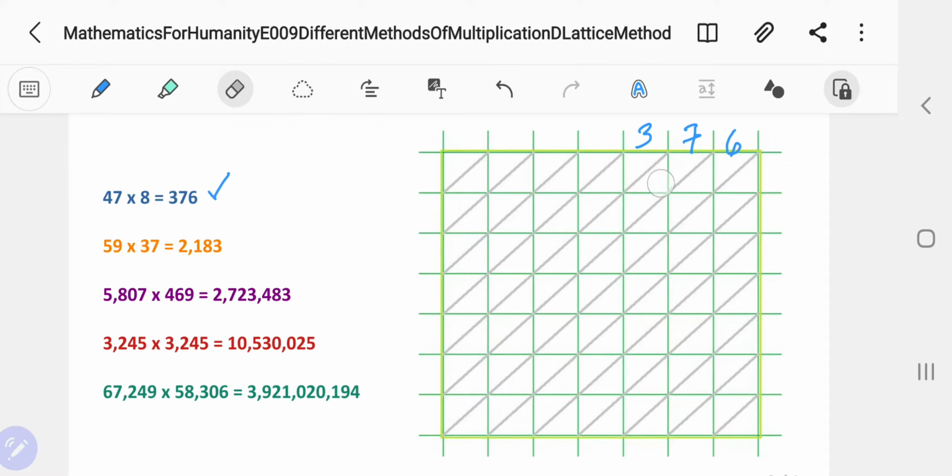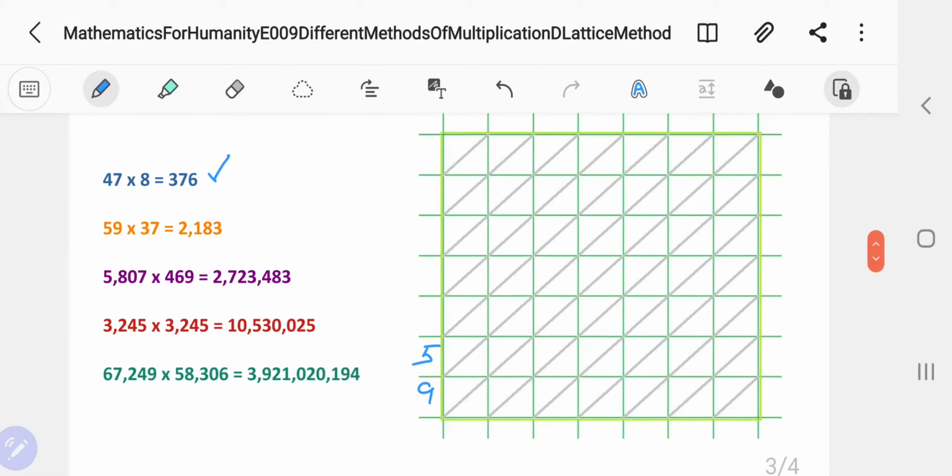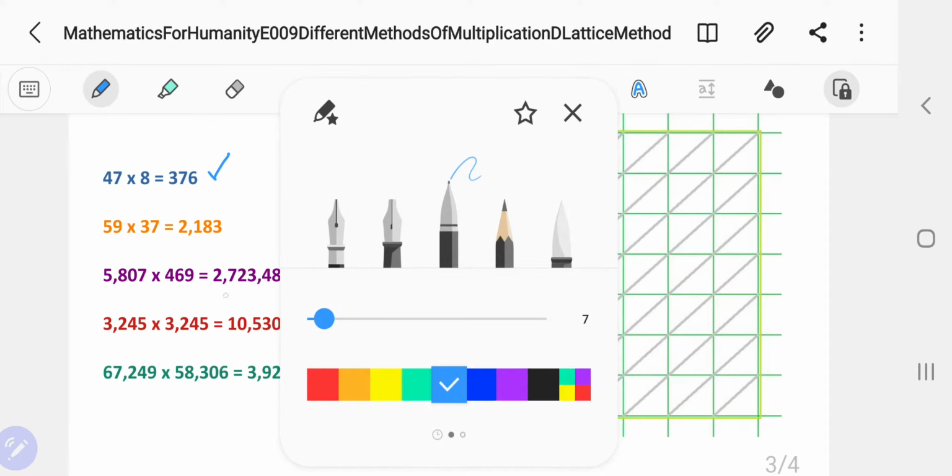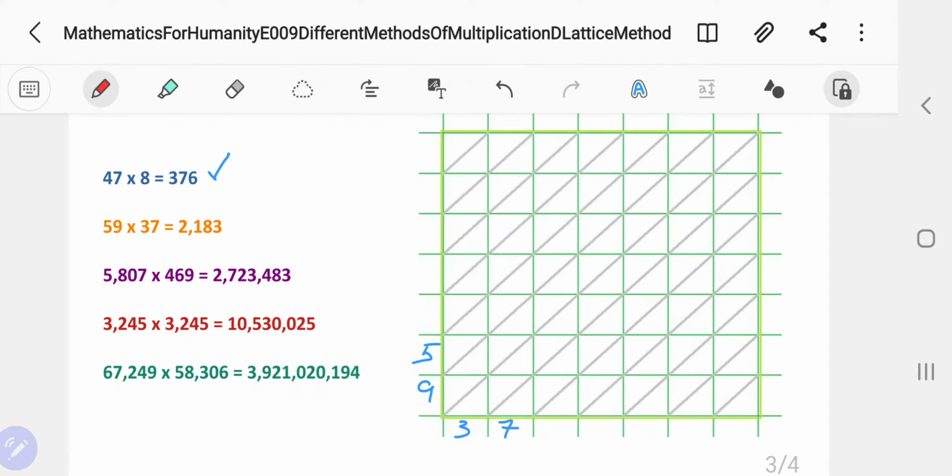The next one would be 59 by 37. We multiply that. 37 here. So 5 times 3, 5 times 3 would be 15, so I write 1 here and 5 here.